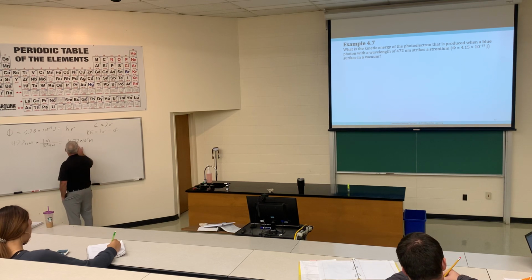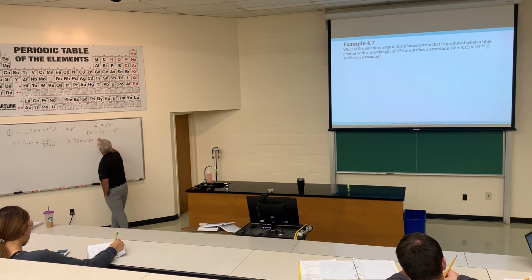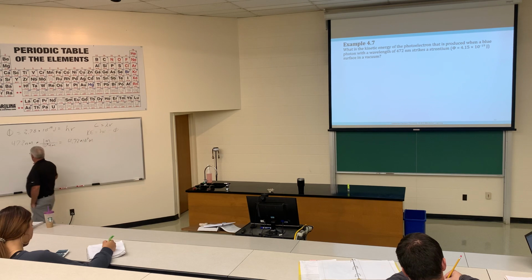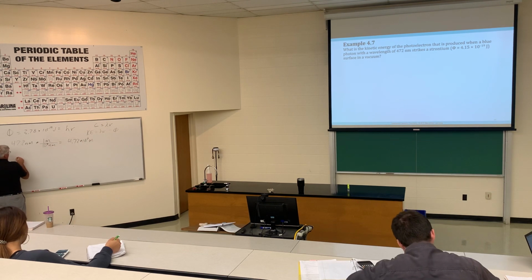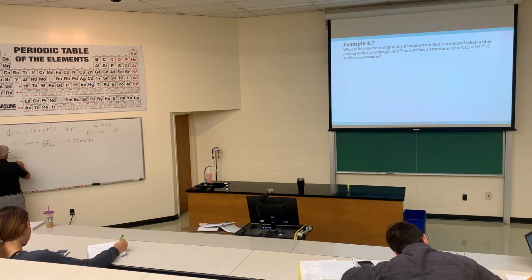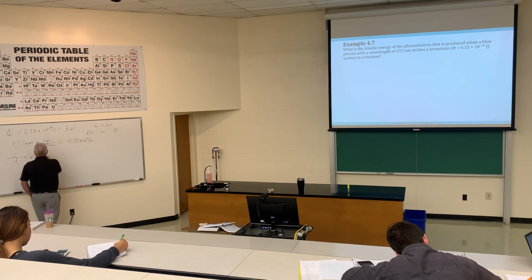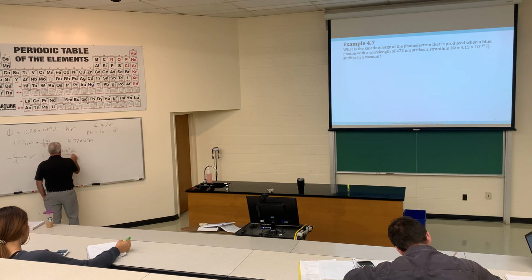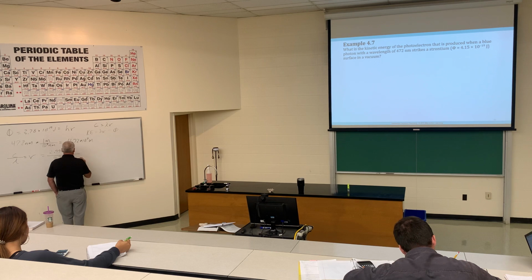And so then I would take that and convert it to frequency, right? So I'm going to use my speed of light equation up there and rearrange that to C divided by lambda equals the frequency, right? So 2.99 times 10 to the 8 meters per second divided by 4.72 times 10 to the minus 7 meters.